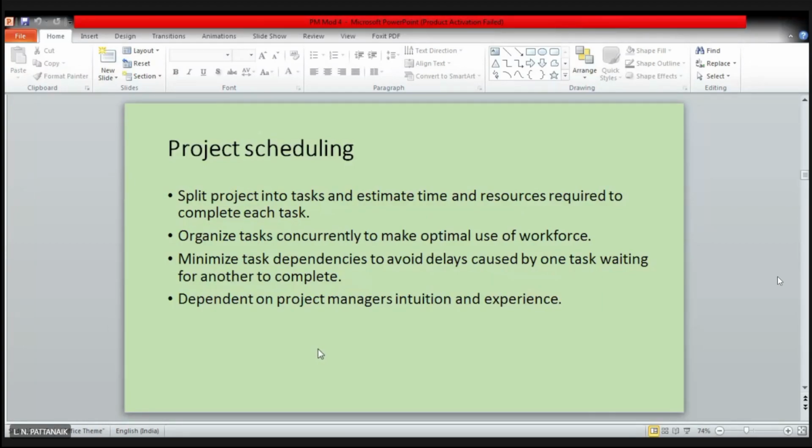Project scheduling only deals with the time dimension, not with the resource dimension. But once these project schedules are prepared, they can be used as a tool for planning your resources also. We will discuss later how resource allocation and resource leveling are performed based on the project schedules or network diagrams.